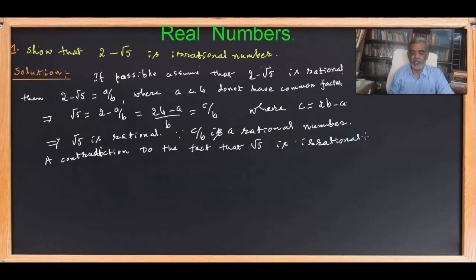And hence, therefore, 2 minus root 5 is irrational.